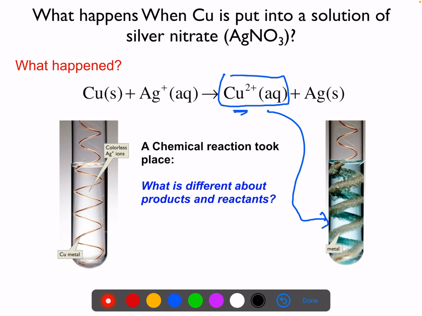And this silver solid is actually this black or metallic silvery looking compound that's precipitated out on the copper wire. So what's really happening is this metallic copper wire is actually dissolving and changing into copper 2 plus, dissolving in solution and turning it blue. And the silver cation, which is in solution, is precipitating out onto the metal as silver solid.